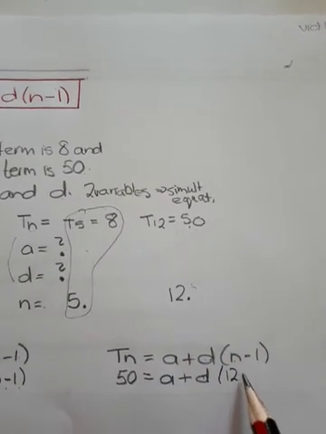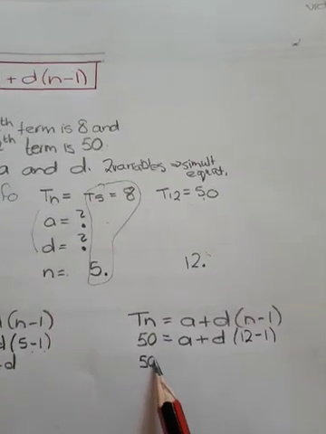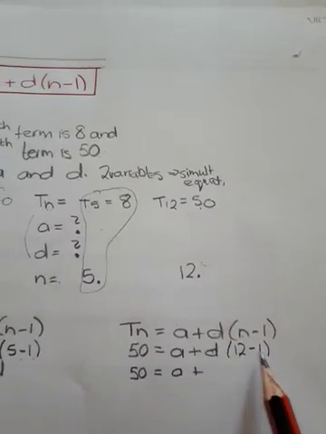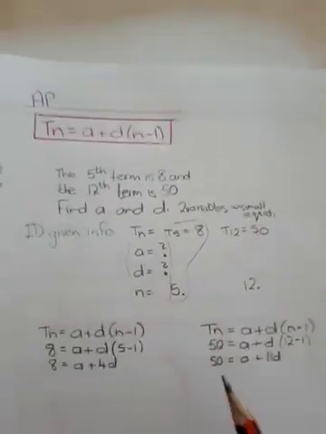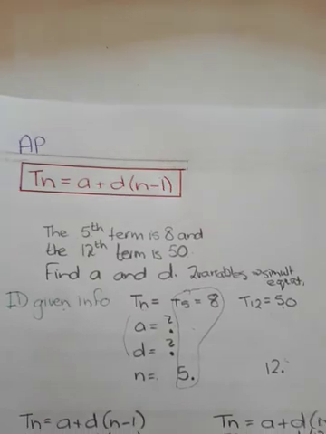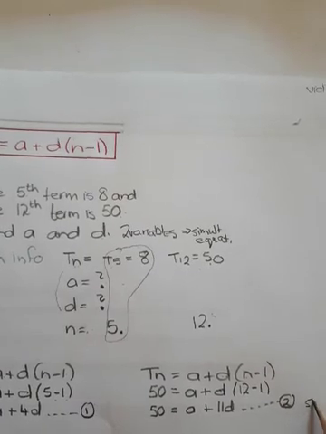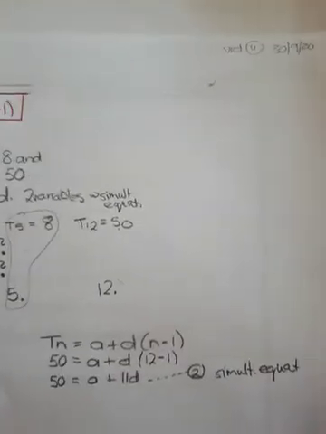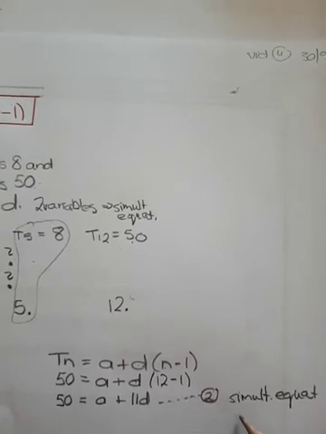If we simplify that, 50 equals A plus 12 minus 1 is 11, so 11D. Now I want you to recognize we've got 2 equations. That is what we did when we did simultaneous equations. With simultaneous equations, we've got 2 possible methods of solving.